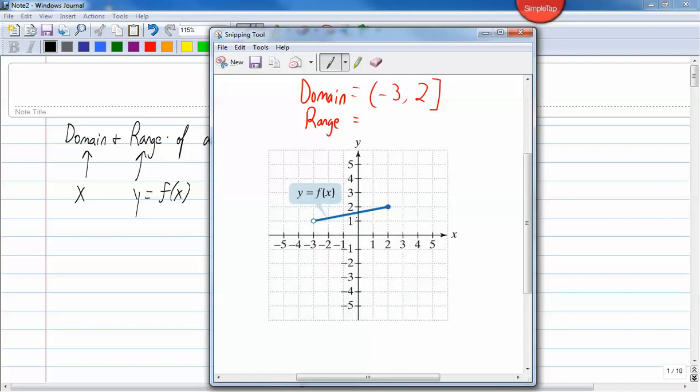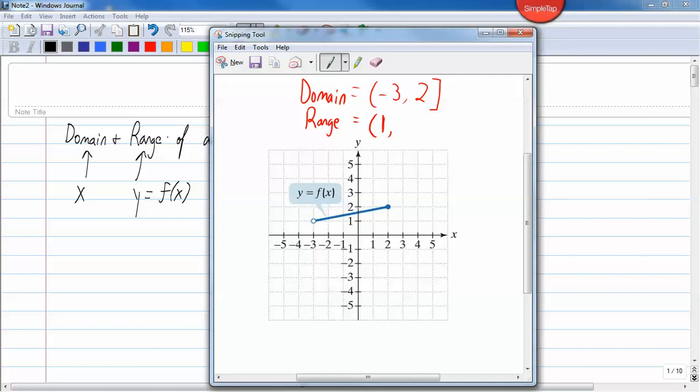But when you get up here to 1, you could draw a line over and touch the graph. So y equals 1 is the smallest number in the range. And look, where you would touch the graph, there's an open circle. So you want to put parentheses, and then that's 1 on the y, comma.